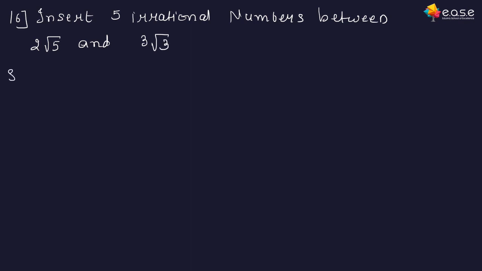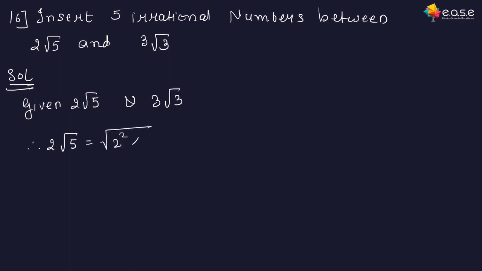So what are you going to do here? We are given 2 root 5 and 3 root 3. Now see, 2 root 5 is outside the root. We can write 2 root 5 as root of 2 squared times 5, which is equal to root 20.